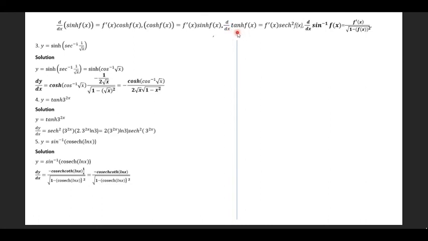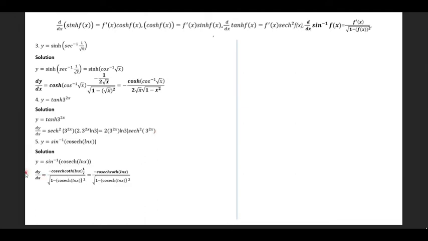Now, the derivative of the hyperbolic tangent is secant squared multiplied by the derivative here. So I have secant squared of the same thing, and then multiply by the derivative of what is inside. The derivative of what is inside will be 3 to the exponent 2x ln 3 multiplied by the derivative of the exponent, which is 2. And then you can simplify this to get this answer.